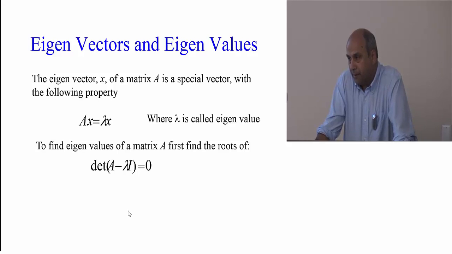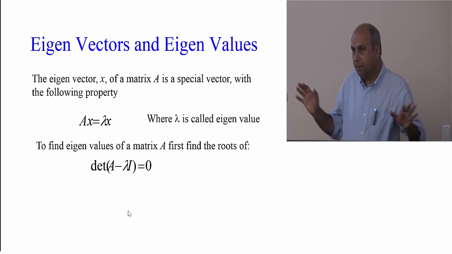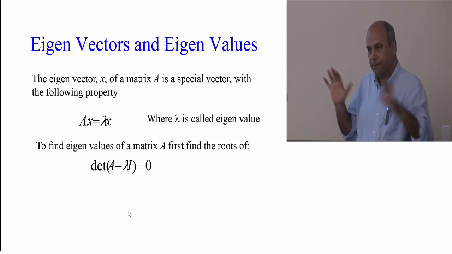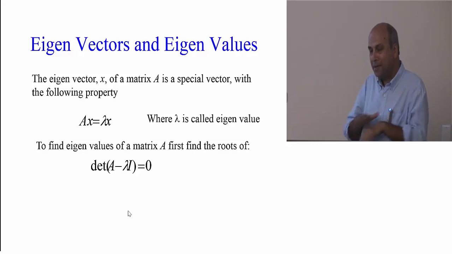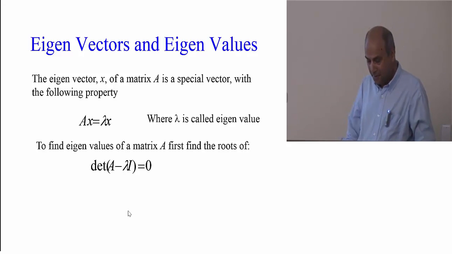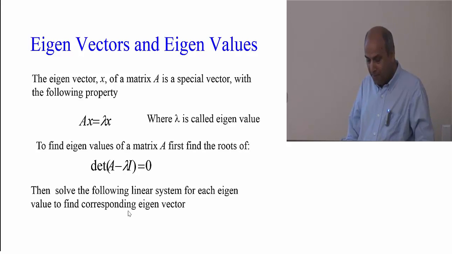Those are the eigenvalues. Very, very simple. Don't get scared. This is very easy. Just believe in yourself. You can do eigenvalues and eigenvectors. It's math, but it's very simple math.